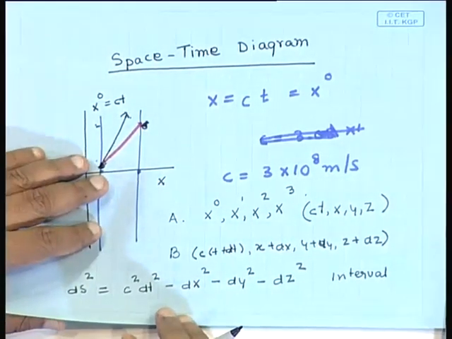If I calculate the interval in different frames of reference, for the same two events, the value of the interval is going to remain unchanged, just like the length. So the coordinates corresponding to these events may be different in different inertial frames, but the value of the interval is like the length, it is going to remain unchanged. Okay, that's the first point.